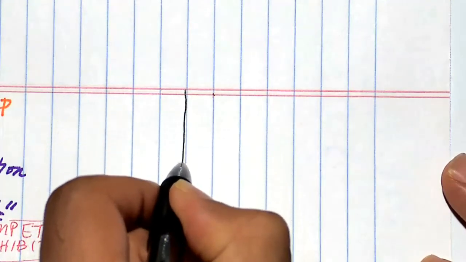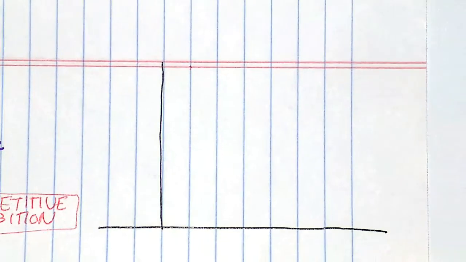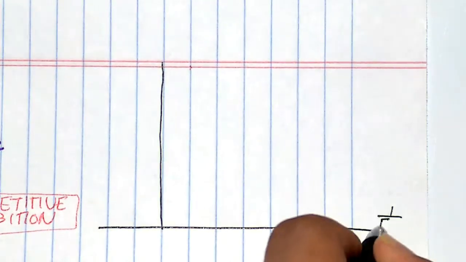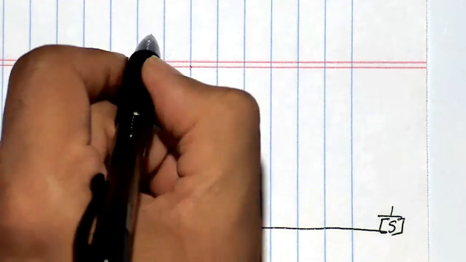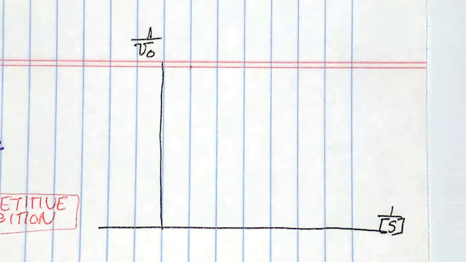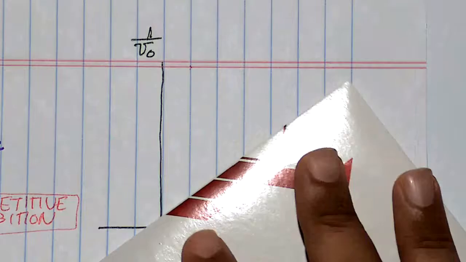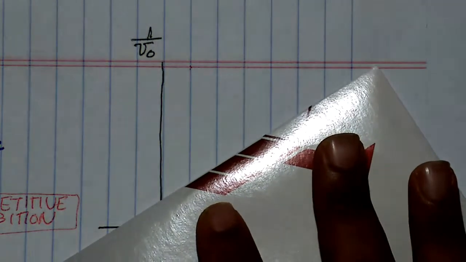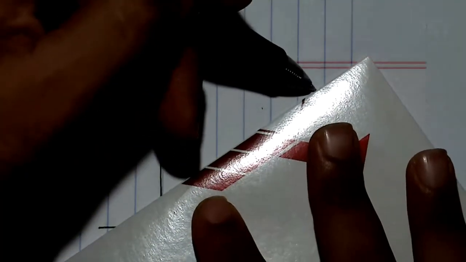In the double reciprocal plot, our x-axis is 1 over s. Our y-axis is 1 over v sub naught. As always, without the inhibitor, we have something like this.